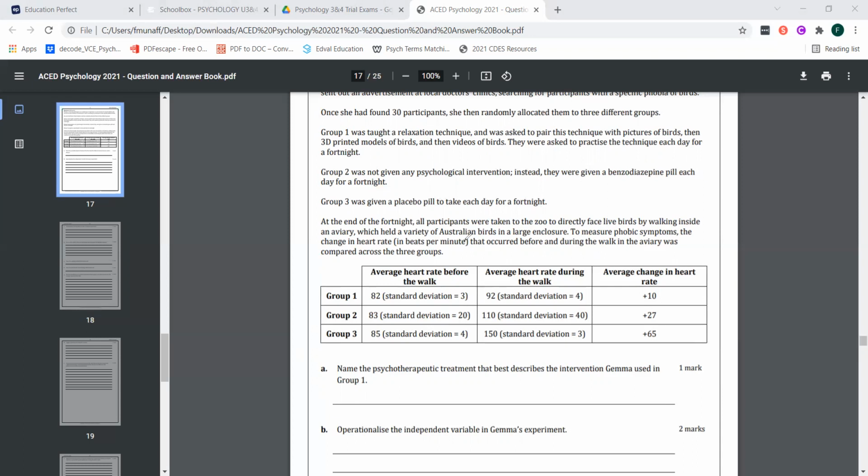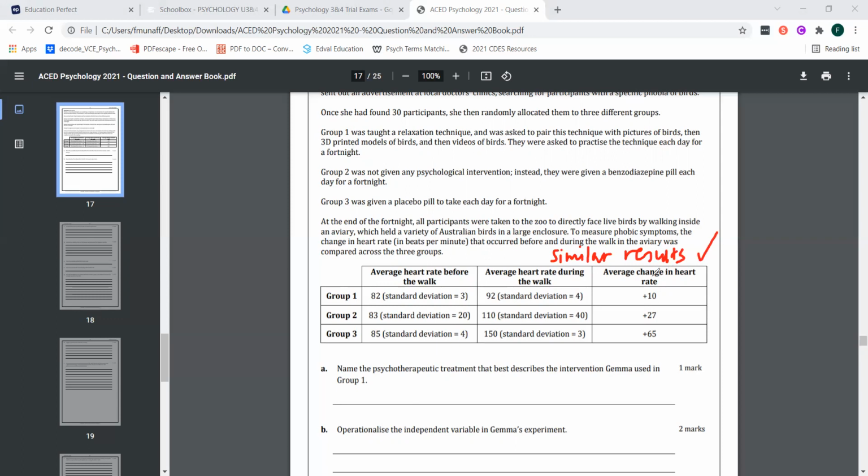But look, if they were to ask you about reliability, they'd need to give you some more detail. They'd need to say Gemma conducted the same experiment with another 30 participants and obtained similar results. So if you get a line like that where it indicates that she did the study again and she got similar results, well, then that's a clear indication that her results were reliable. Because remember, we said reliability is about the consistency, dependability, and stability of results.